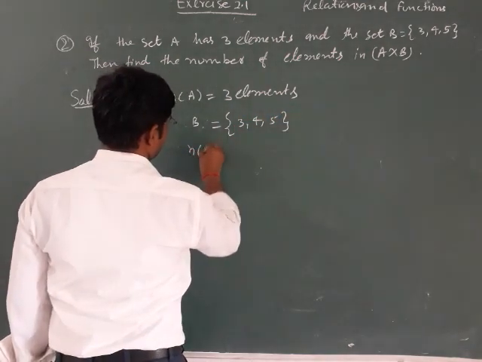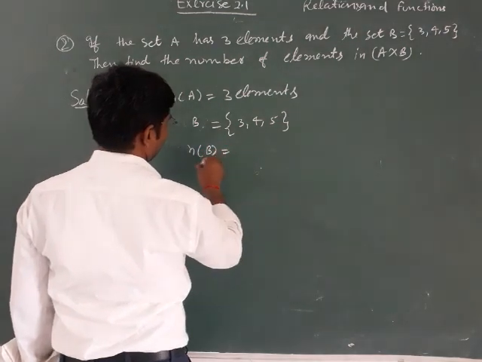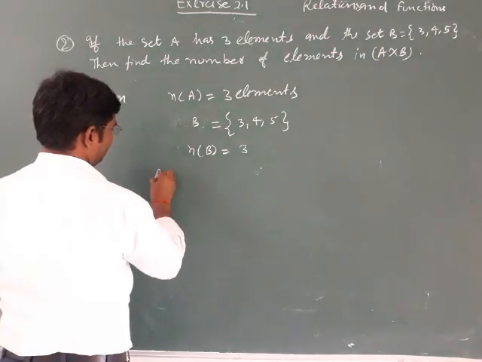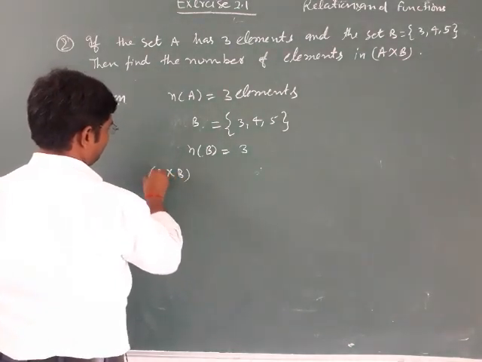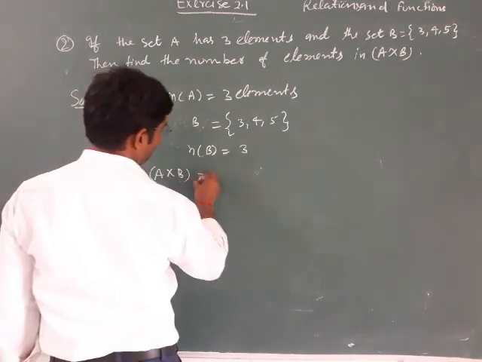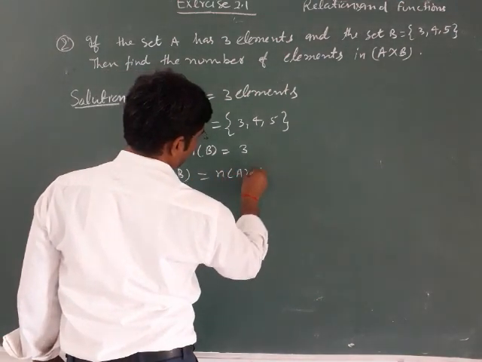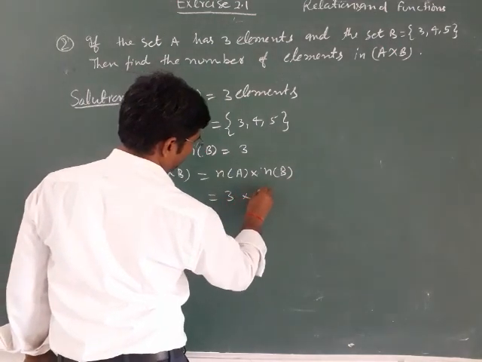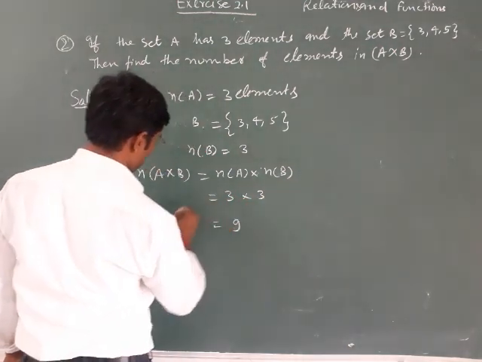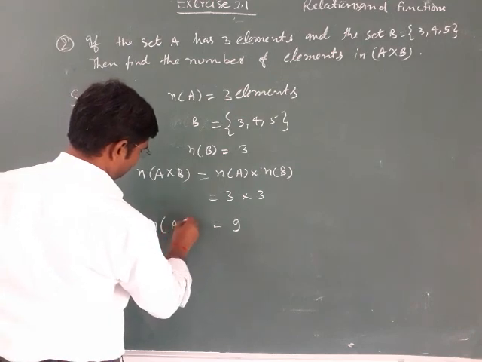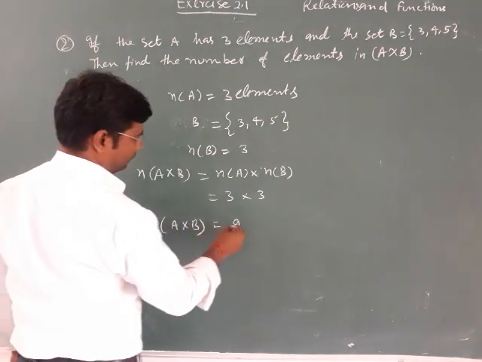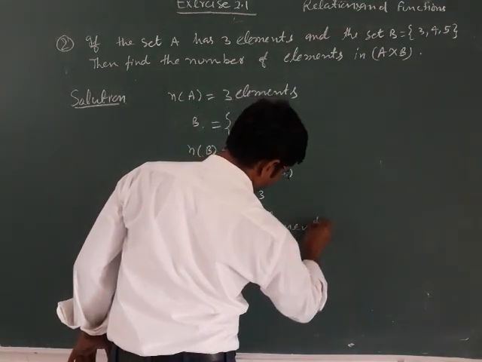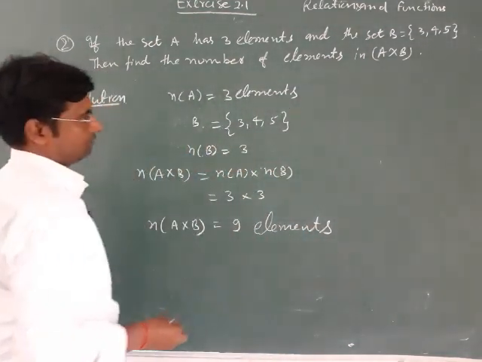So the number of elements in B is 3. So the number of elements in A cross B is equal to n(A) into n(B), equal to 3 into 3, equal to 9. A cross B has 9 elements.